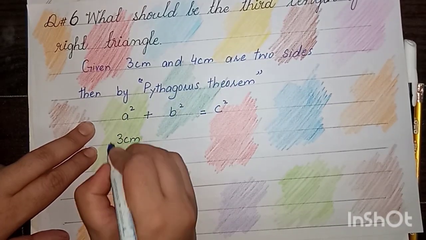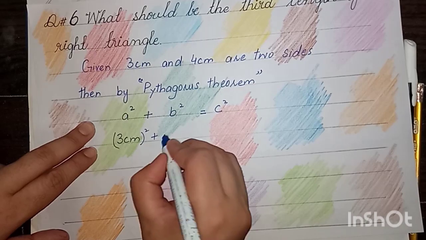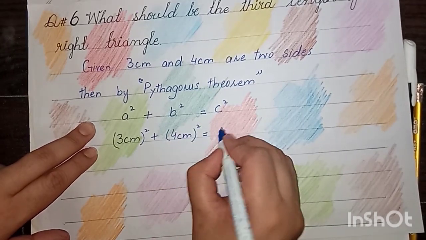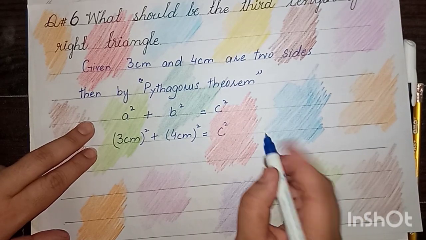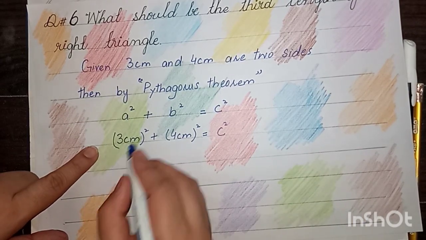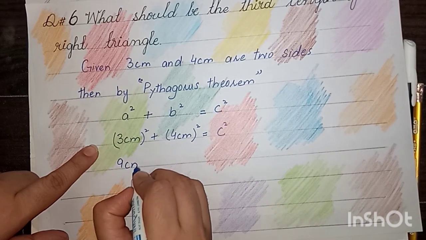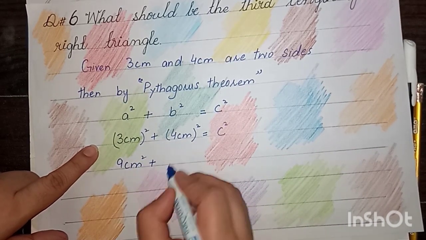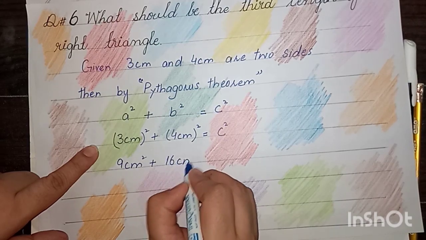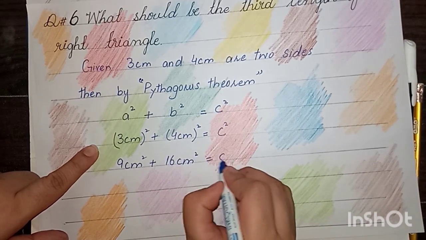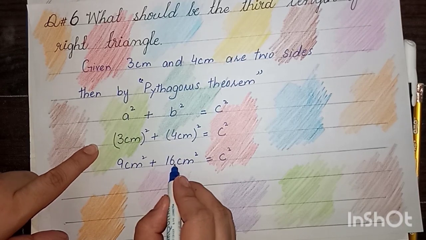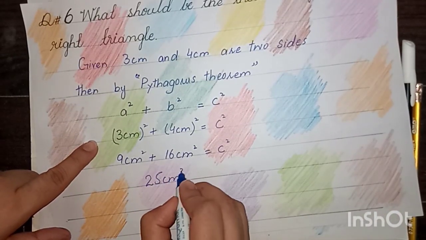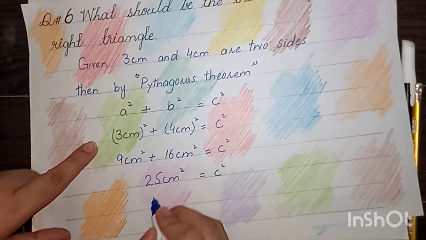So 3 cm square plus 4 cm square. We have to find the third side, which is equal to C. The square of 3 is 9 cm plus the square of 4 is 16 cm, which is equal to C square. The sum of these two, 16 plus 9, is equal to 25 cm square, which is equal to C square.